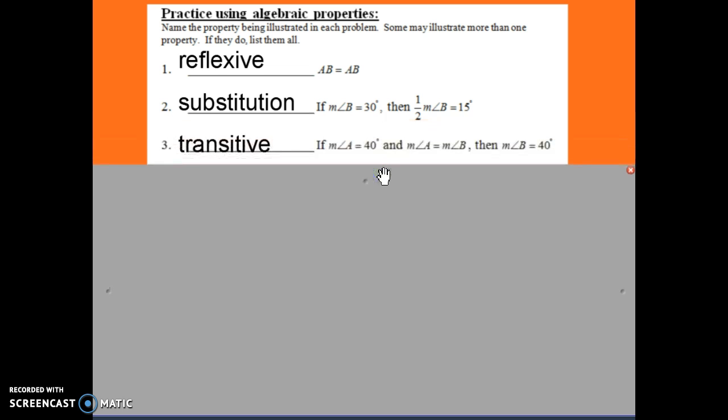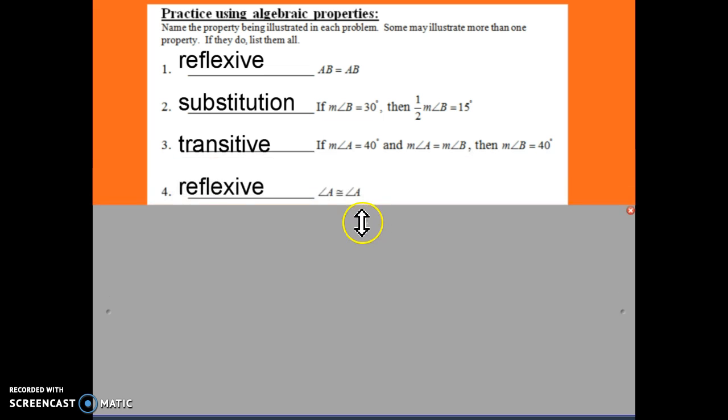The next one, if angle A is 40 and A equals B, then angle B is 40. Transitive property. This is kind of that the same thing equals two other things, so those two other things are also equal. All right, then number 4, reflexive.